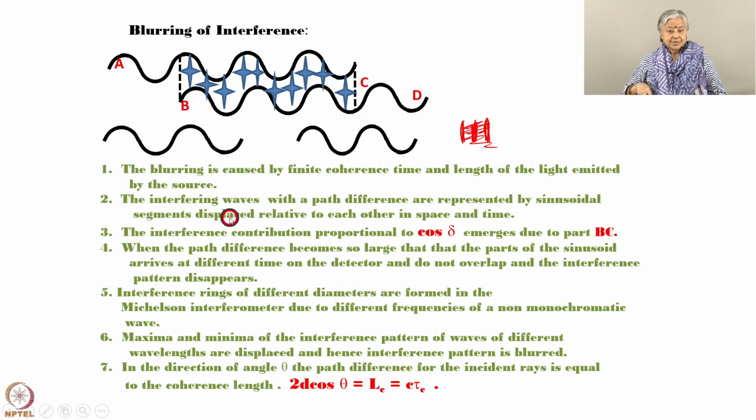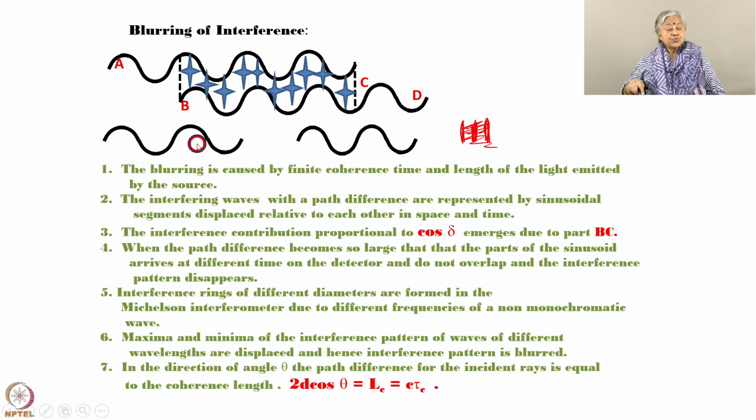The interfering waves with a path difference are represented by sinusoidal segments displaced by each other in space and in time. So, this is the wave. This is another bit of wave, and this is another wave. Notice they have the same frequency. Okay.